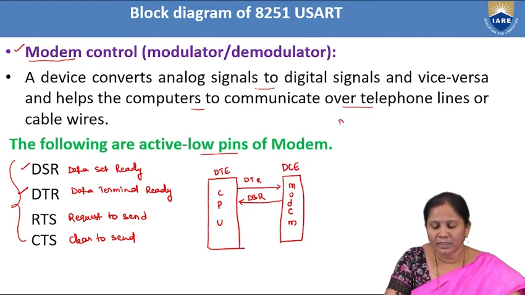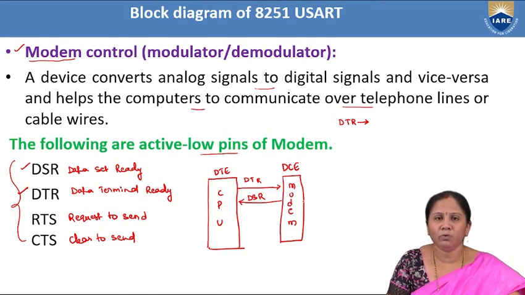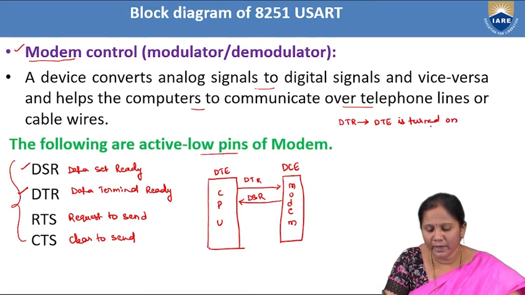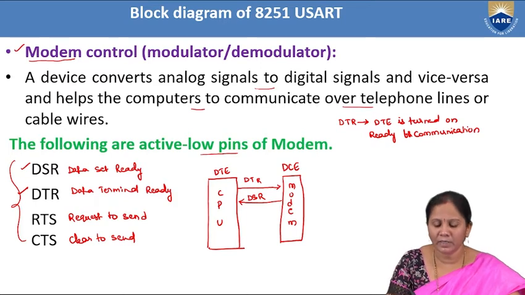When DTR is sent from the CPU to the modem, it indicates that this DTE is turned on and is ready for communication. This is the meaning of the DTR signal when it is sent from the CPU to the modem.